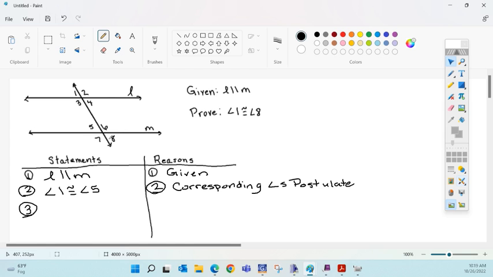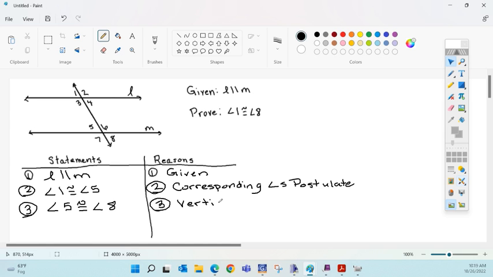Vertical. They're vertical angles. What do we know about vertical angles? What's their relationship? We have a postulate. We didn't really use it, but they're congruent. So that means that angle 5 is congruent to angle 8. I'm going to tell you right now, groups dealing with pictures frequently have that vertical angles are congruent in it.